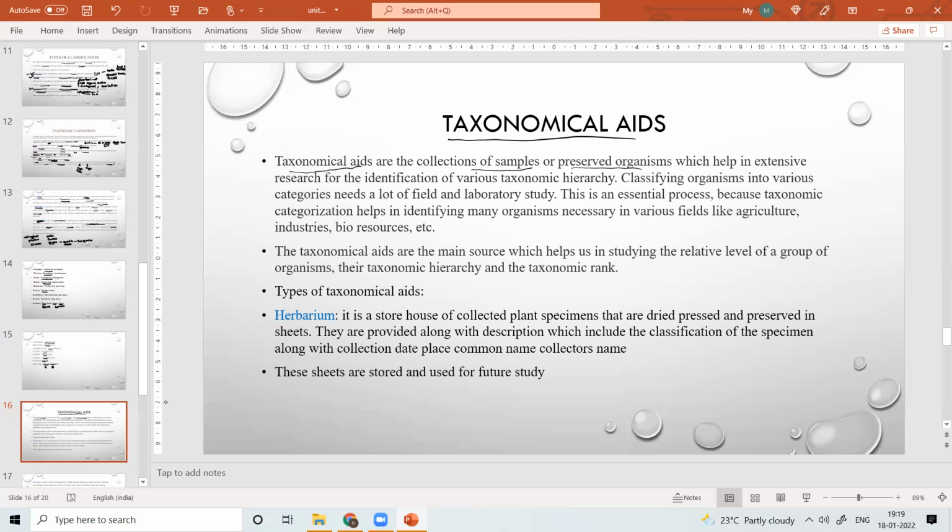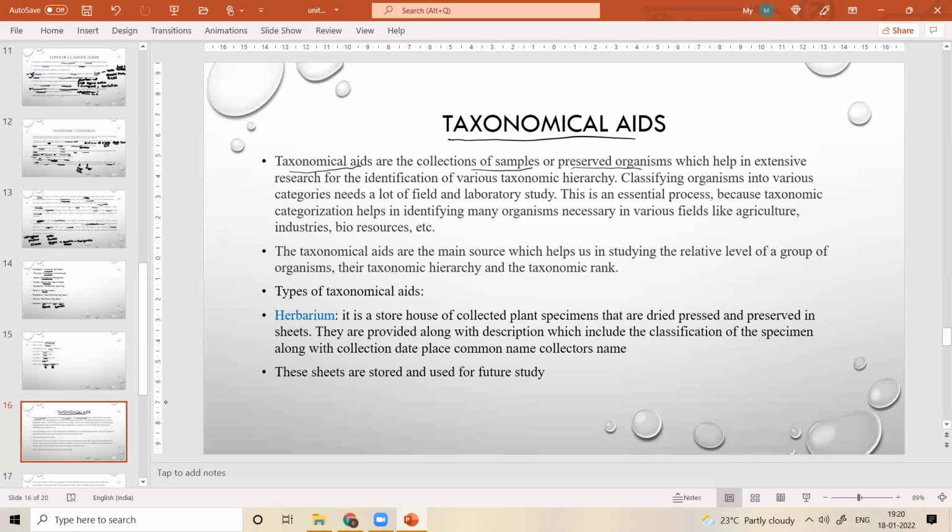That means we collect some plants, we press them and stick them onto the herbarium sheets. That is a kind of preserving, so that we can study them further. So herbarium is an example of a taxonomic aid. So how do we collect the samples and preserve them for further study?